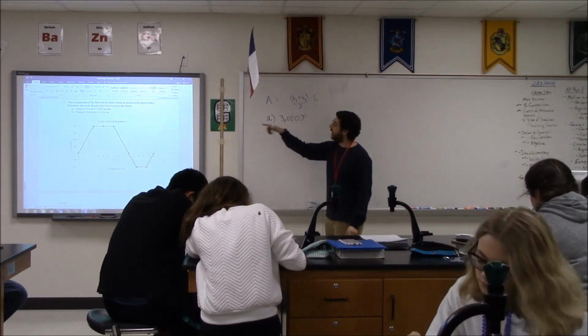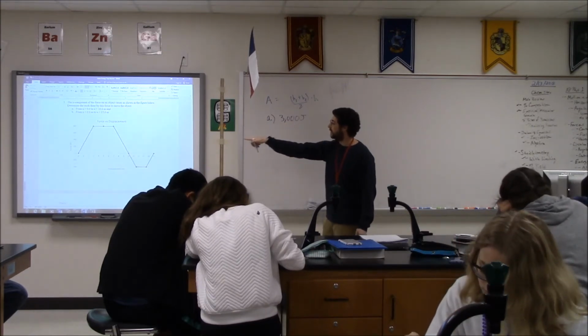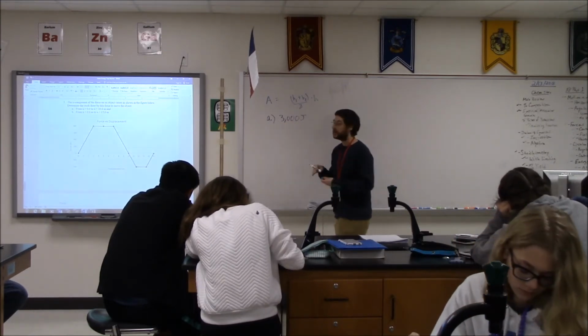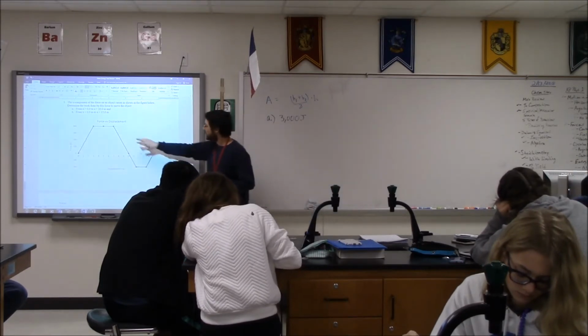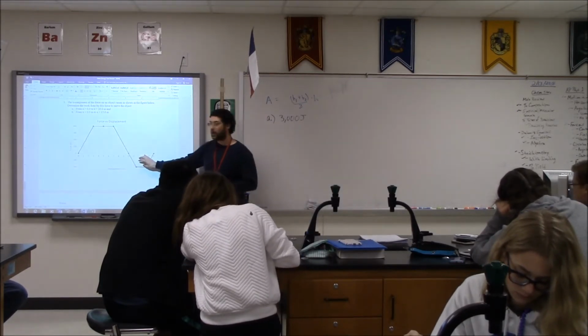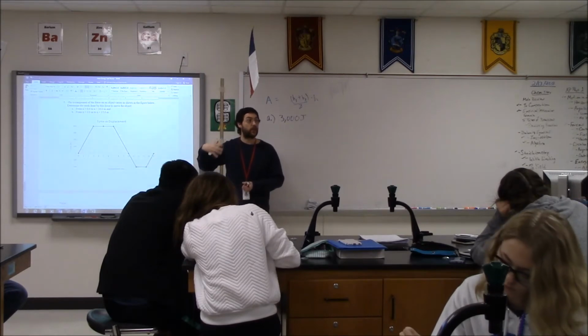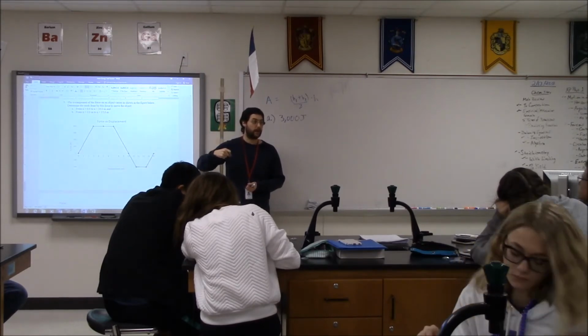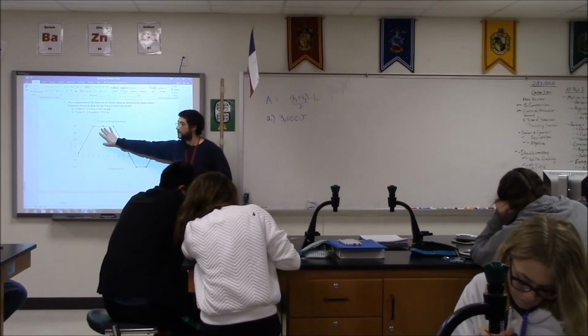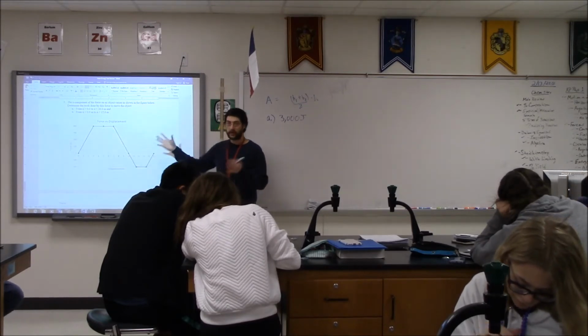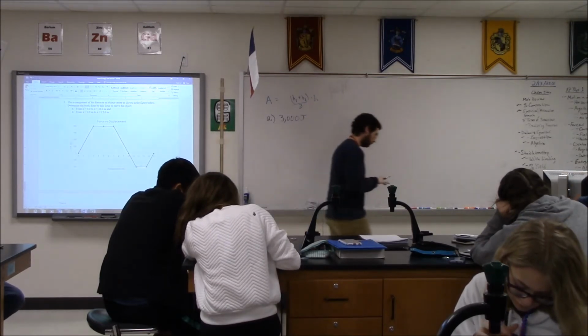Now, letter B wants from 0 all the way to 15, right? Since this is above and this is below, what do you think you'll do to find the total net work done? Subtract, right? You already know this one.